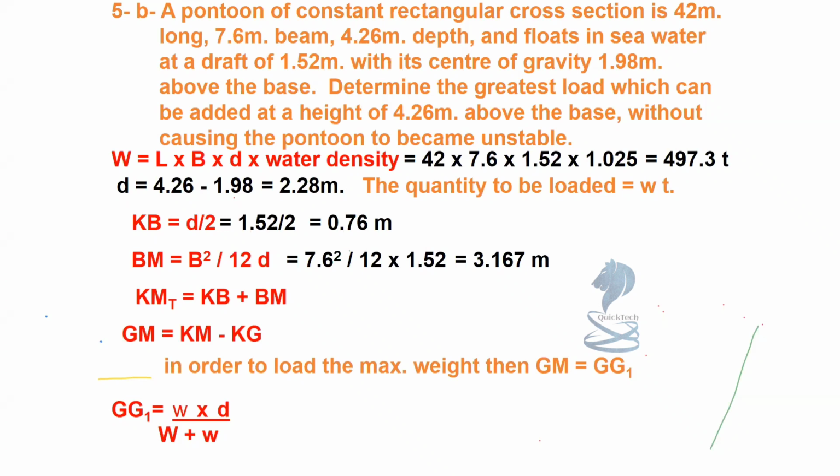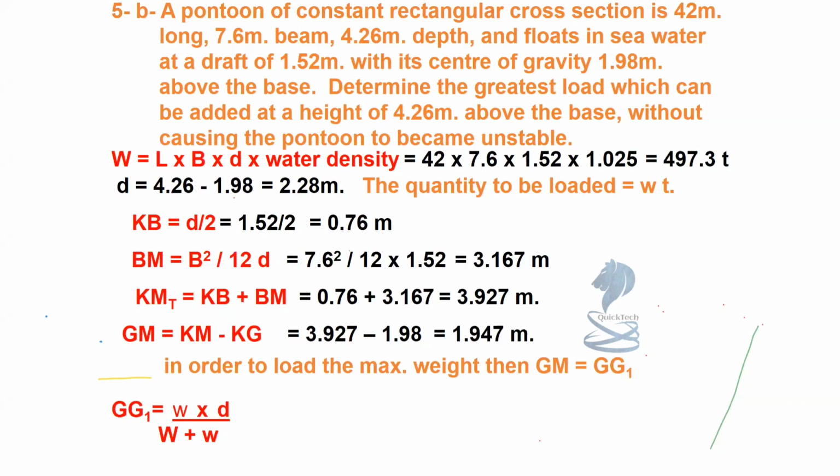BM is equal to B² divided by 12D, where B is 7.6, squared, divided by 12 into 1.52, is equal to 3.167 meters. KM transverse is equal to KB plus BM, equal to 0.76 plus 3.167, is equal to 3.927 meters. Thereby GM is equal to KM minus KG, is equal to 3.927 minus 1.98.